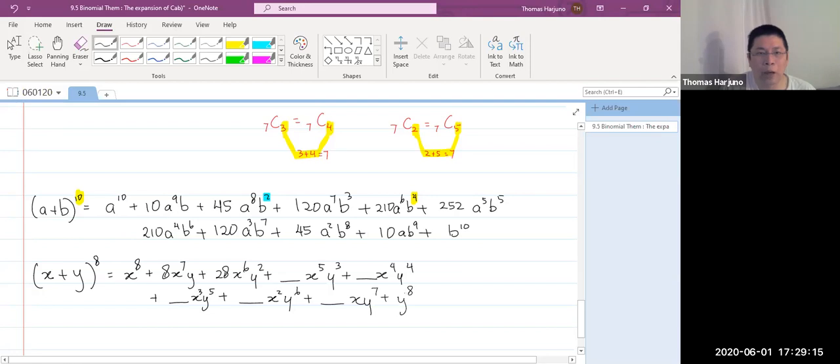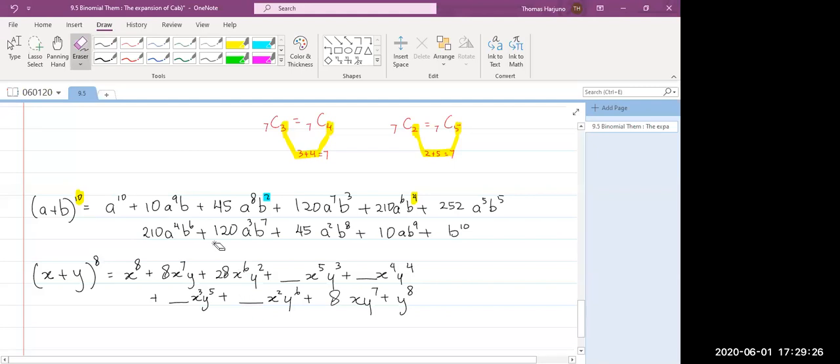And then I look back, oh, you know what? I actually know this. By symmetry, that's 8, and likewise, by symmetry, this is 28.